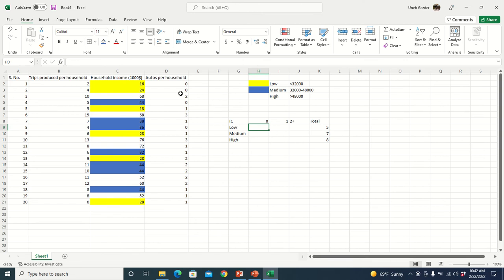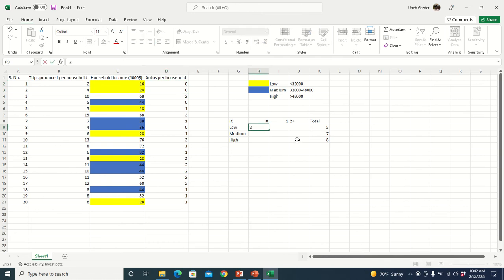How many of the yellow ones have 0 autos? These two, and yes, only 2. So 2 out of 5 have 0 autos from the low income category. The other yellow ones have 1 or more.